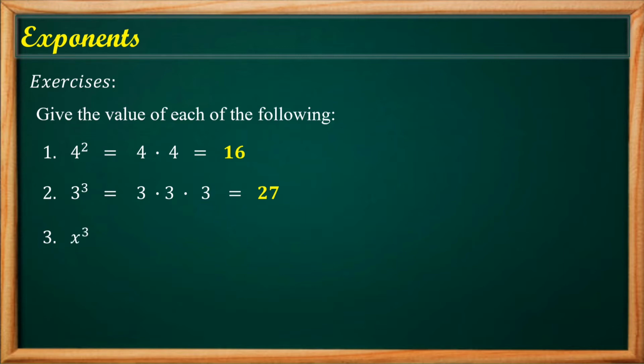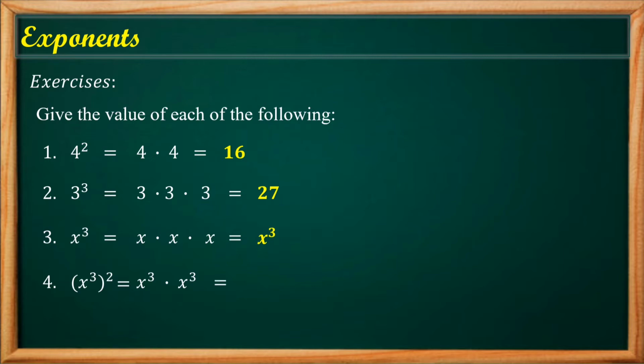Number 3, x cube. Ibig sabihin, we will multiply x 3 times, and that is x cube. Wala namang number. X times x times x is x cube. Number 4, 3x cube raised to the power of 2. Na ibig sabihin, meron tayong x cube na i-multiply dalawang beses.